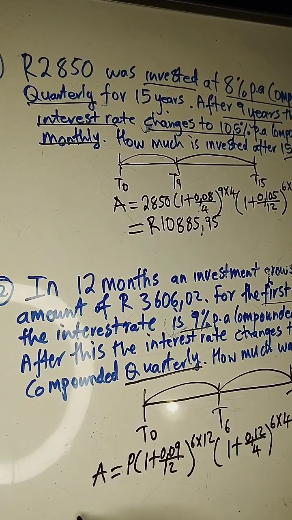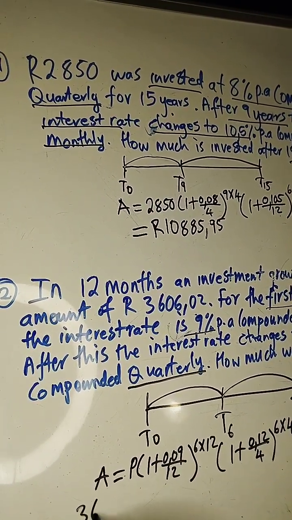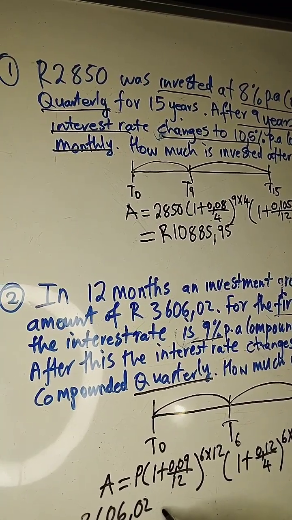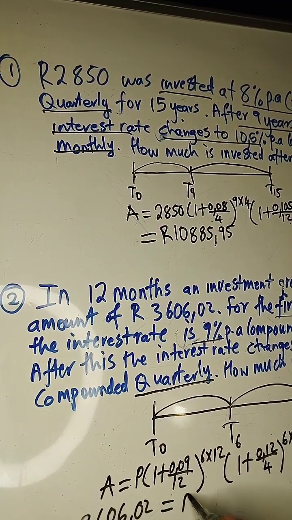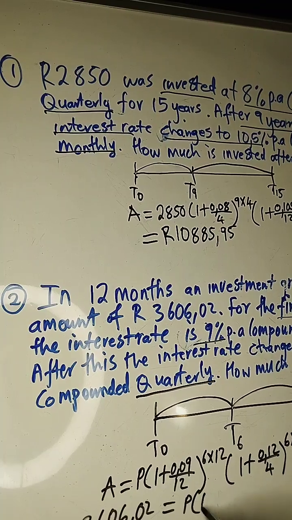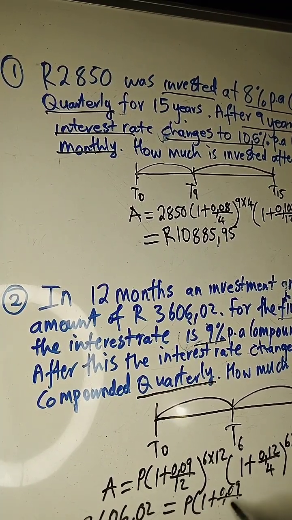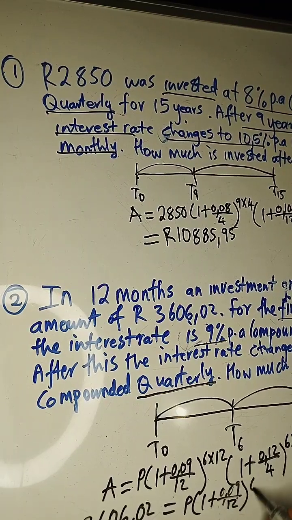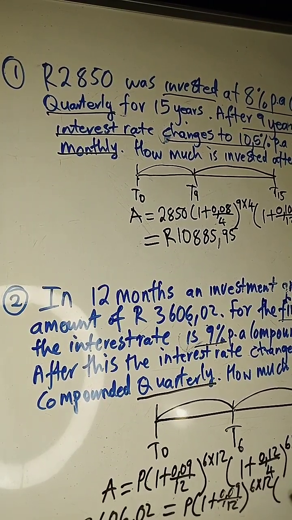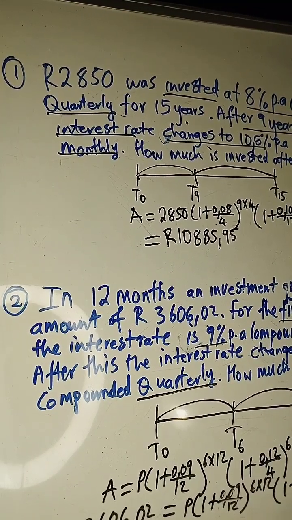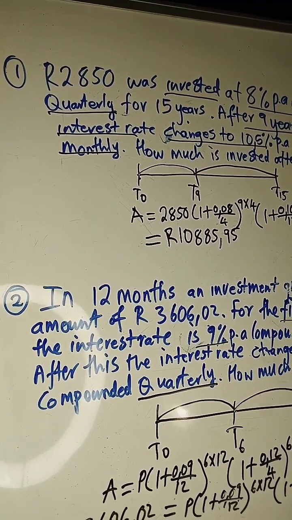Then we know our A to be 3,606.02, which is equal to P into the same thing: 1 plus 0.09 over 12 raised to 6 times 12, into 1 plus 0.12 over 4 raised to 6 times 4.